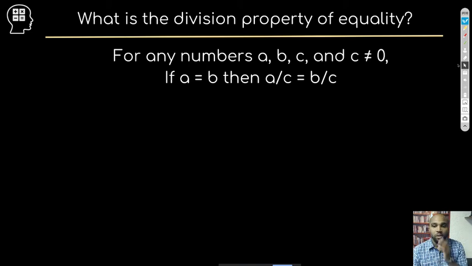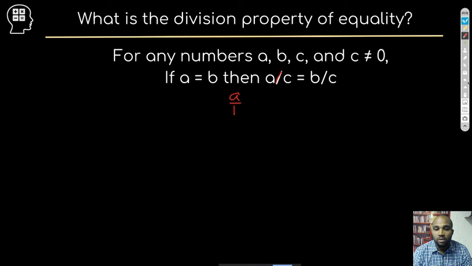All right, so what is the division property? In essence, here's what it's saying: for any numbers a, b, and c, where c can't be 0, and I'm going to show you why in a second, if a equals b, then a divided by c equals b divided by c. Let me write that, because sometimes you'll see the division sign written like this slash, or you'll see it written right on top of each other like this.